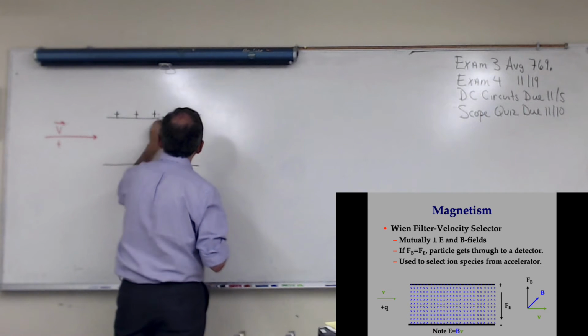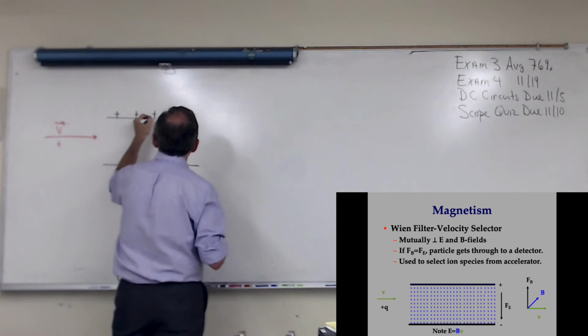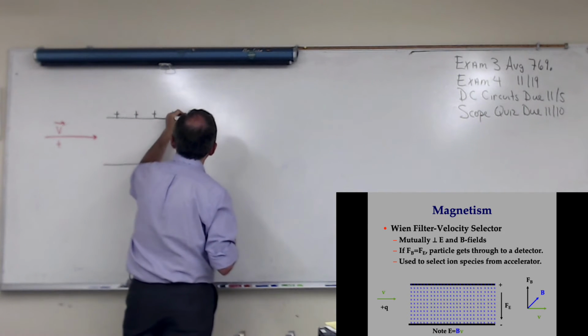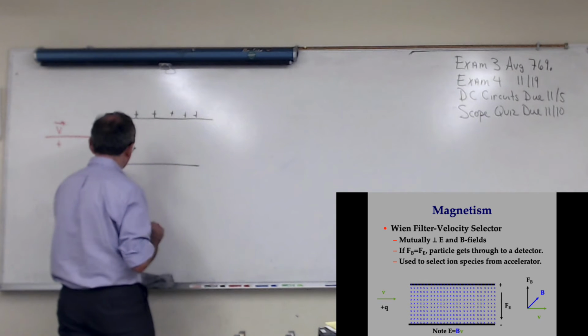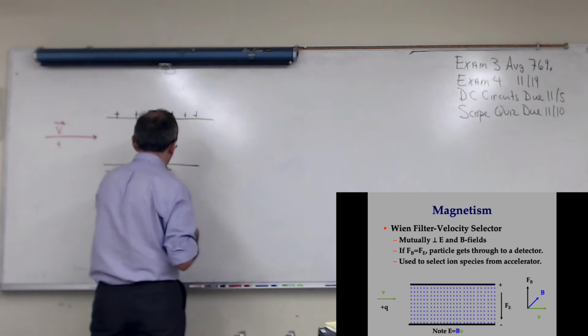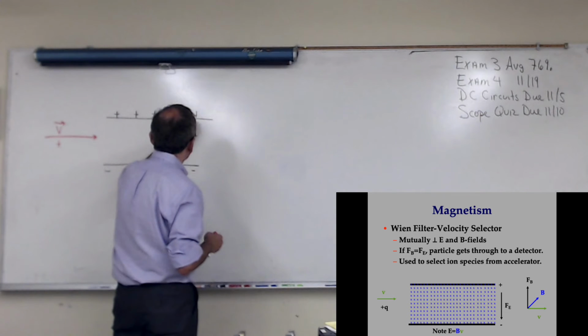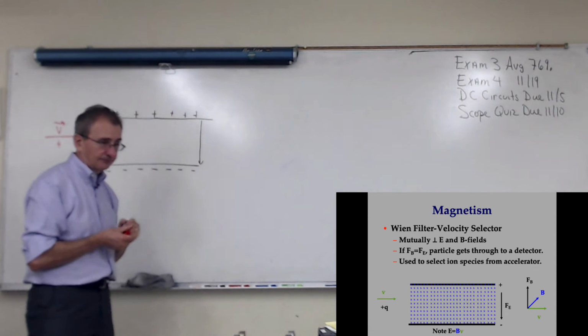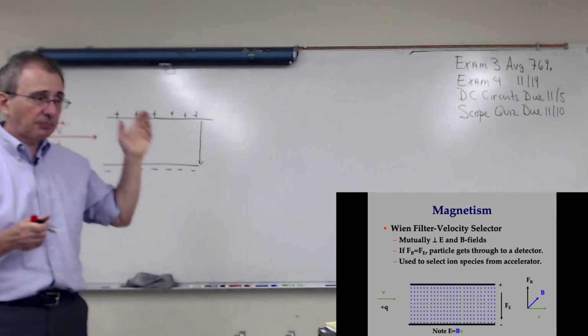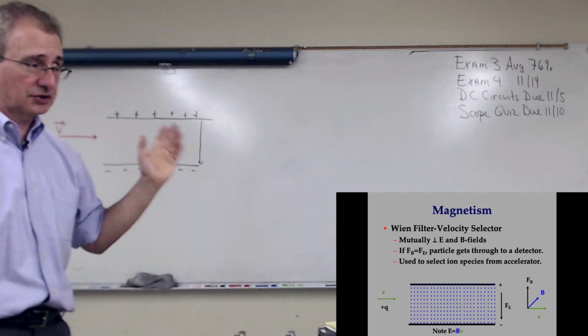This is a horizontal plate, though it doesn't look horizontal. Let's make the bottom plate negative, and so the electric field points downward. If the particle goes through that field, what's going to happen to it?